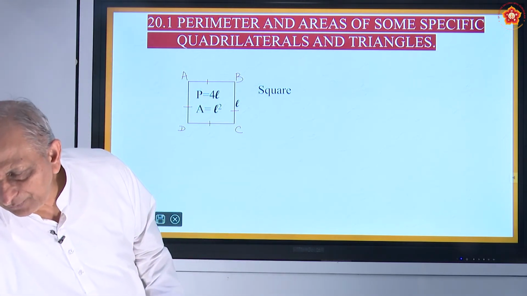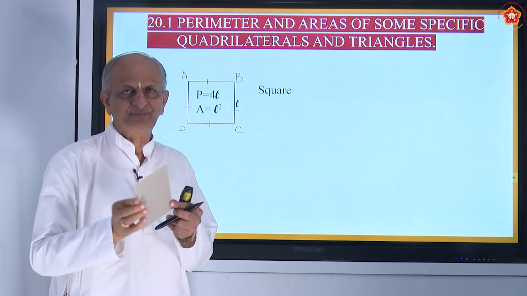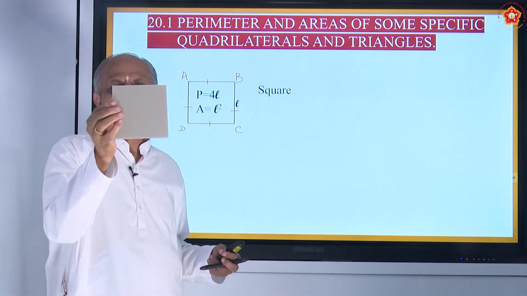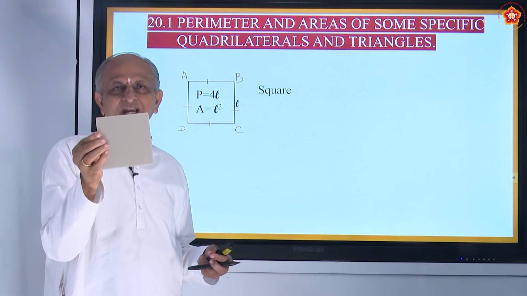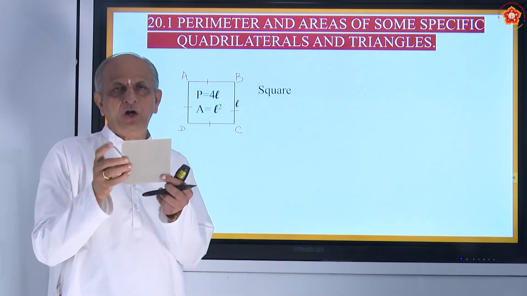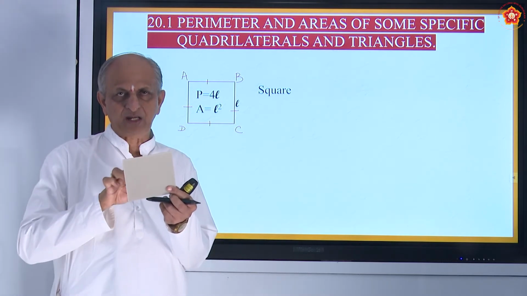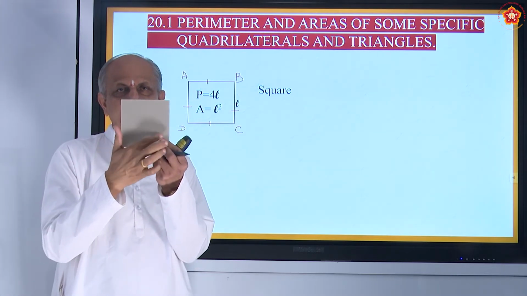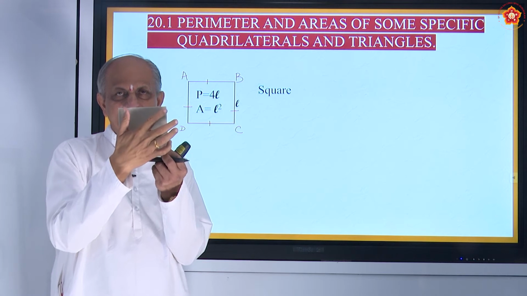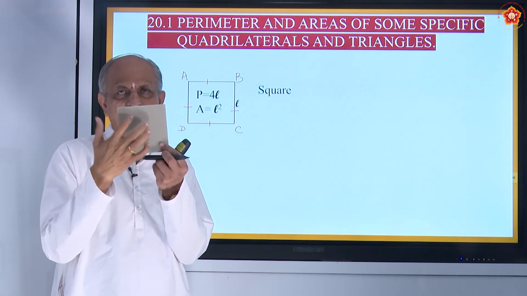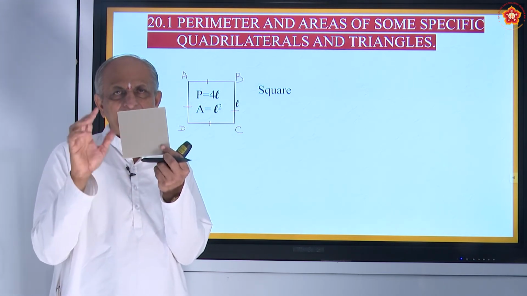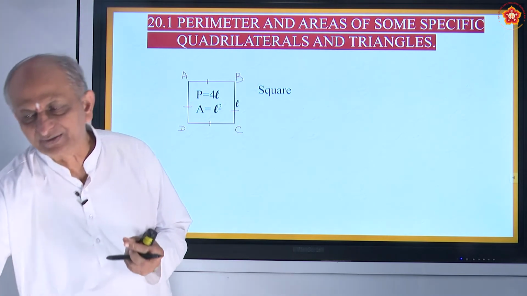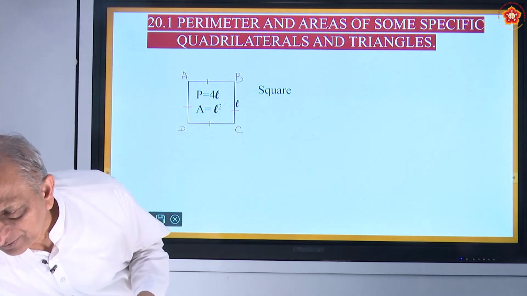In your daily life you see so many squares like this. What is the speciality of a square? All the sides are equal, all the angles are equal and equal to 90 degrees, and the two diagonals are equal. Diagonals meet at right angles. So that is about squares.